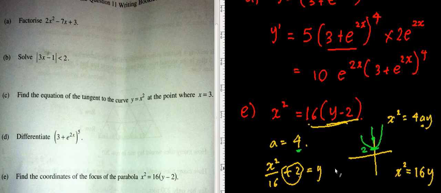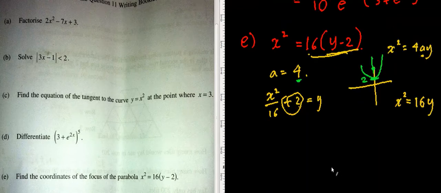So the coordinates of the focus are (0, 2 plus 4), which is (0, 6). I had to rearrange this equation to see what happens, to get x squared on 16 plus 2. Finding a was the easy part; shifting it up by 2 was the tricky part.